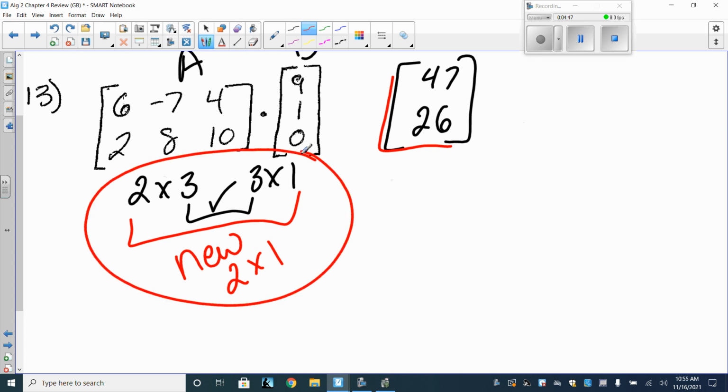Because if it does ask to determine if the following two matrices can be multiplied, that's how we can do it. Any other questions on 13? Any questions on 14, 15, or 16, or one of those that y'all want to look at?